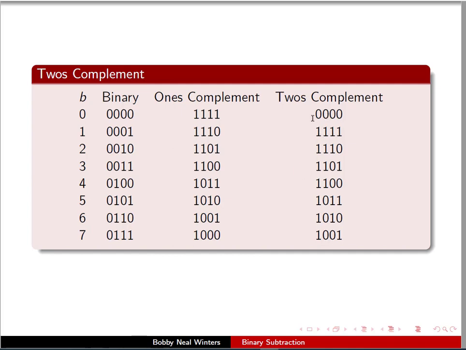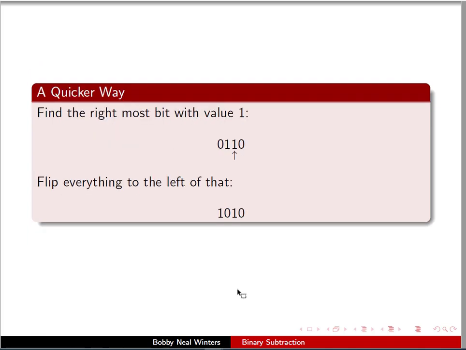But if I look at my 2's complement, it's not necessarily transparent what this is the negative number of. Okay, so let's look at this a different way. A quicker way of finding the 2's complement is to look at your binary number and find the rightmost one if it exists.